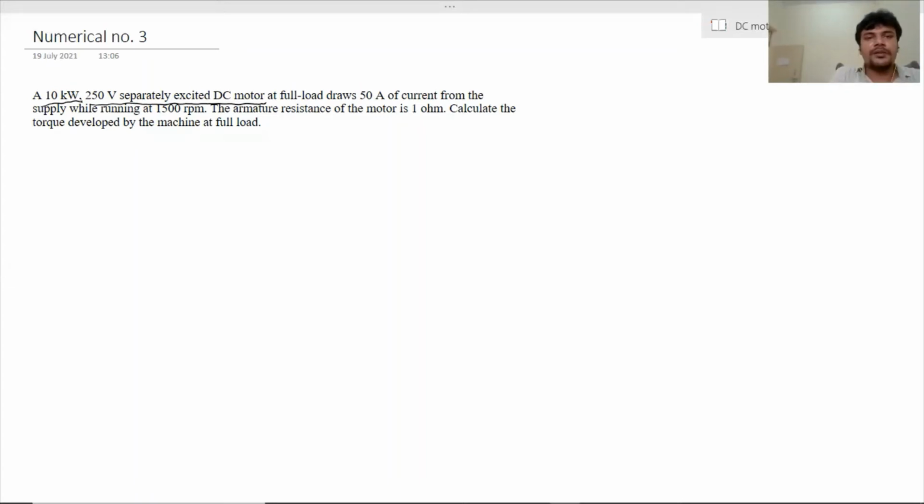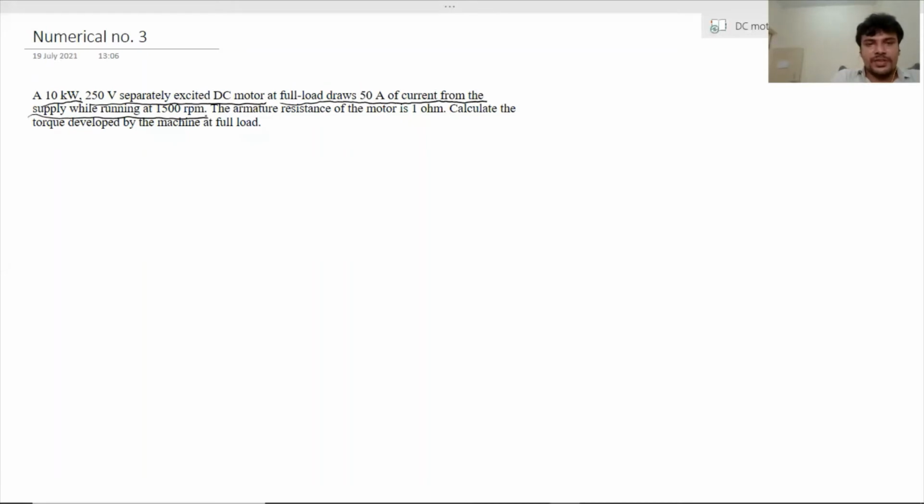And this machine draws 50 ampere of current from the supply while running at 1500 RPM. So while the motor is supplying the load, it takes 50 ampere of current from the supply, and the motor is running at 1500 RPM.